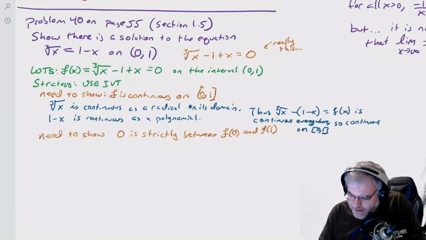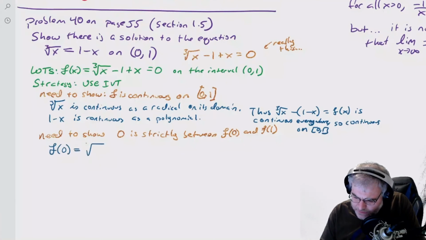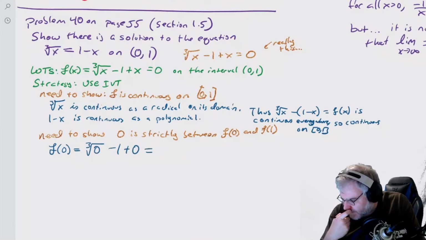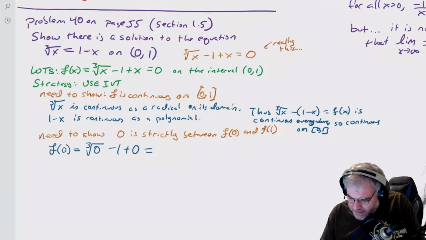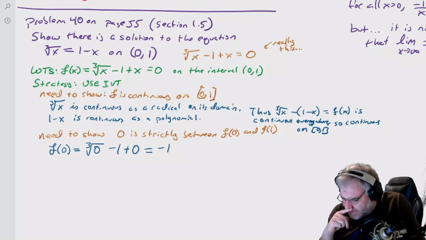All right, and then what I'm going to say then is f of 0 and f of 1. So what I need to do is show that 0 is strictly between them. So f of 0 equals the cube root of 0 minus 1 plus 0, which equals, well, cube root of 0 is 0, and negative 1 plus 0 is negative 1.